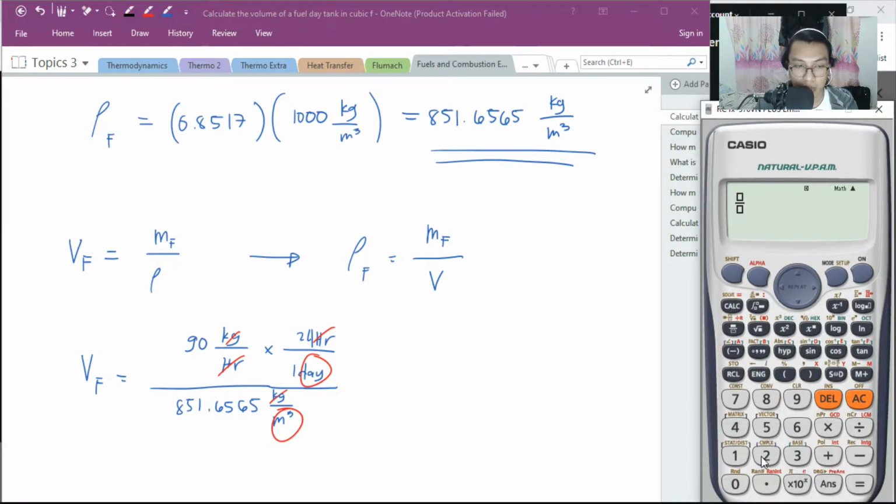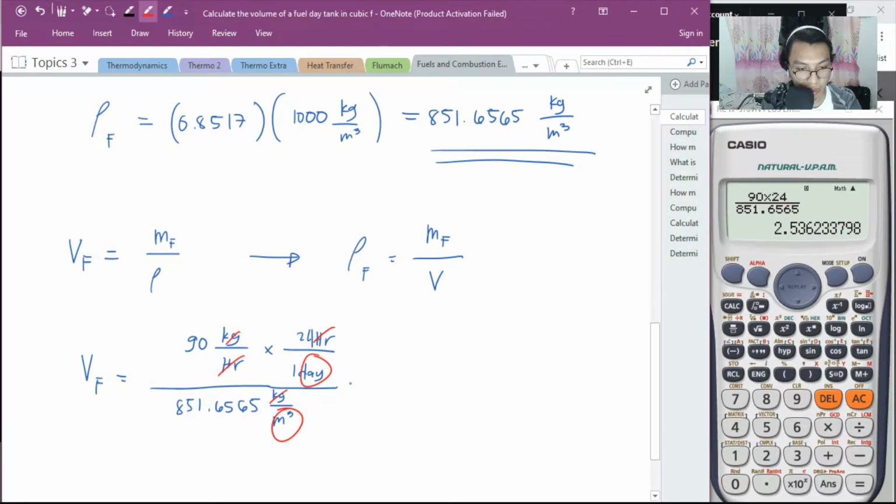That is equal to 90 times 24 divided by 851.6565. 2.5362 cubic meter per day. Kaya lang, ang tinatanong ata dito is in cubic foot per day.